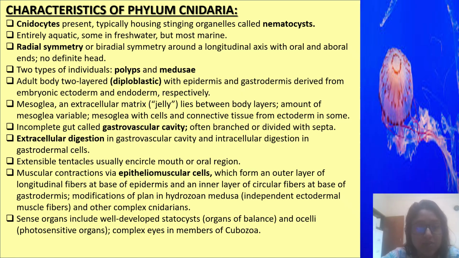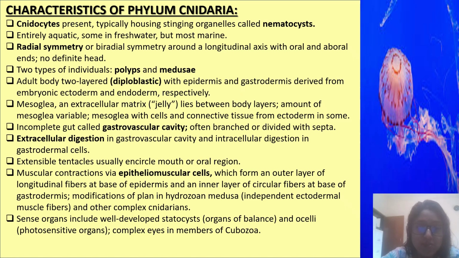Mesoglea, an extracellular matrix, that is jelly, lies between the body layers. Amount of mesoglea variable. Mesoglea with cells and connective tissue from ectoderm in some. Incomplete gut called gastrovascular cavity, often branched or divided with septa. Extracellular digestion in the gastrovascular cavity and intracellular digestion in gastrodermal cells.